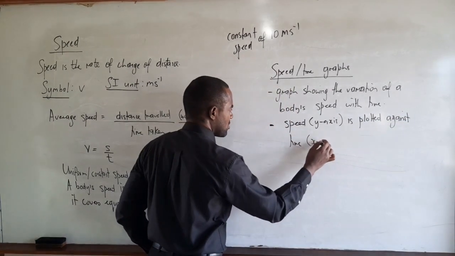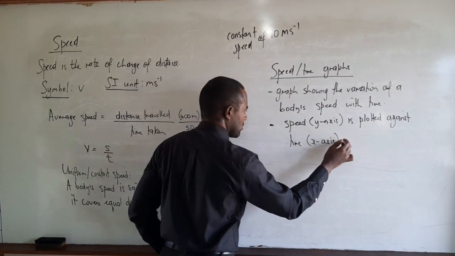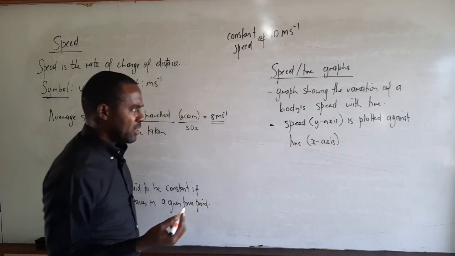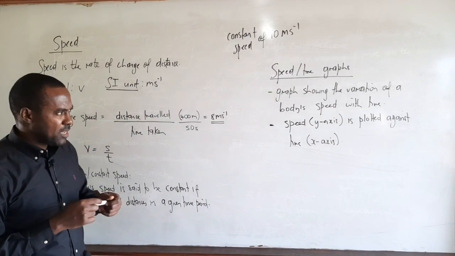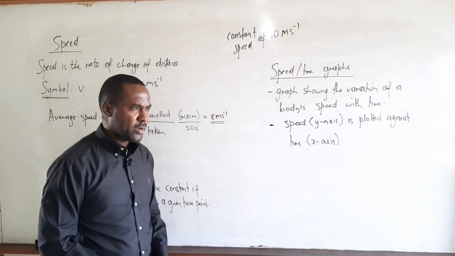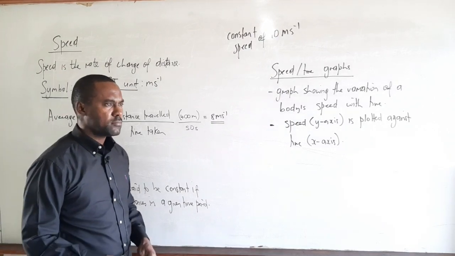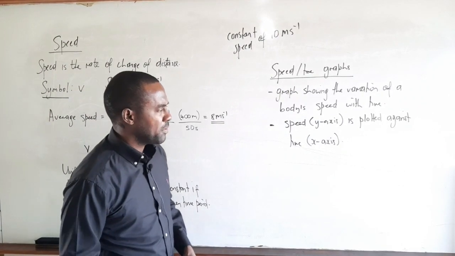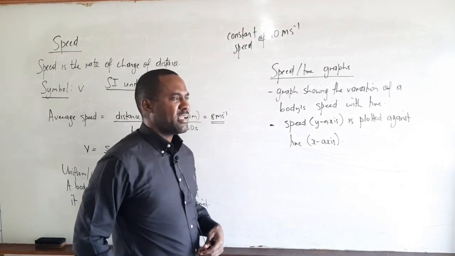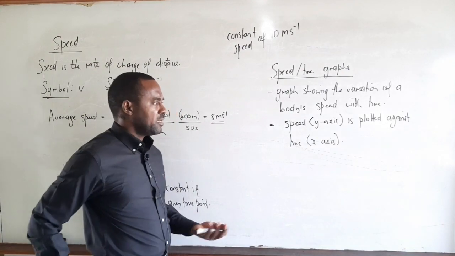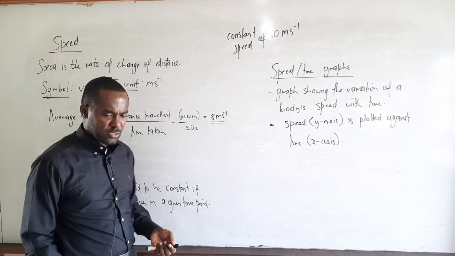on the x-axis, right? Now, typically, the SI units of speed and time are used when drawing these graphs, but of course, it is not uncommon to see speeds given in kilometers per hour, miles per hour, and the time in hours, for instance, right?